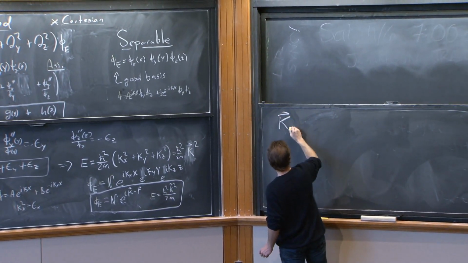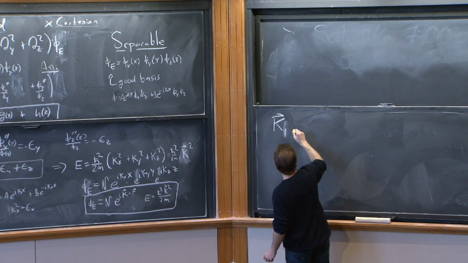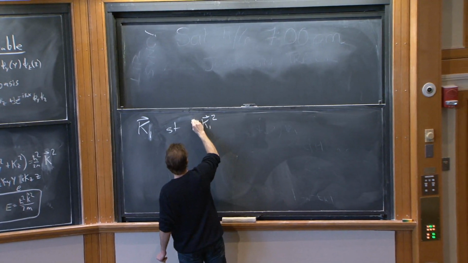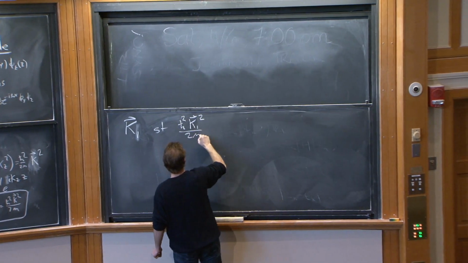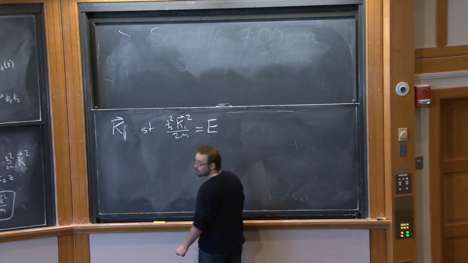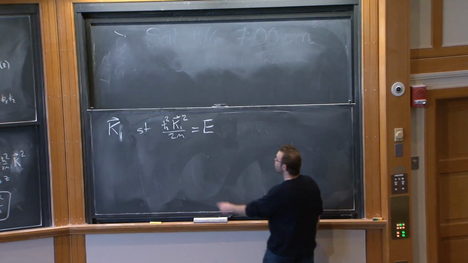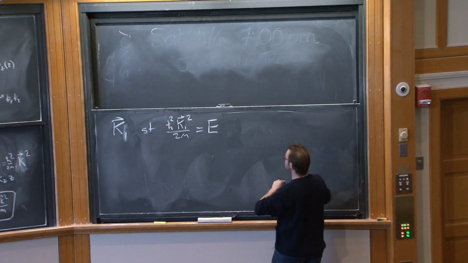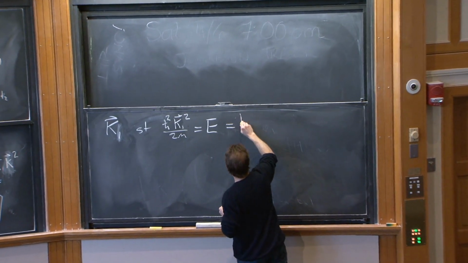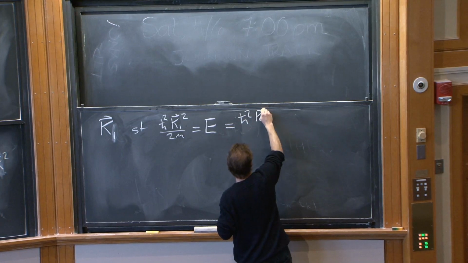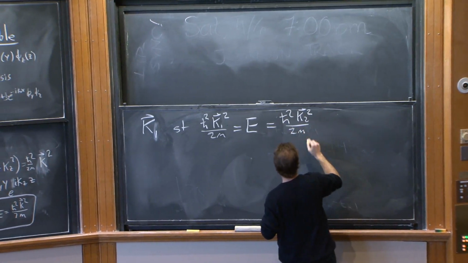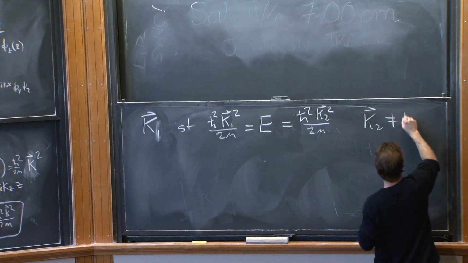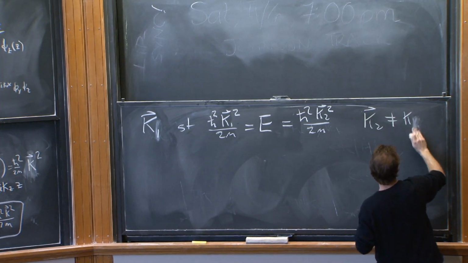So this is a vector k1, such that k1 squared times h bar squared over 2m is equal to E. Now, there are many vectors k which have the same magnitude but not the same direction. So we could also make this equal to h bar squared k2 squared, vector squared, over 2m, where k2 is not equal to k1 as a vector, although they share the same magnitude.